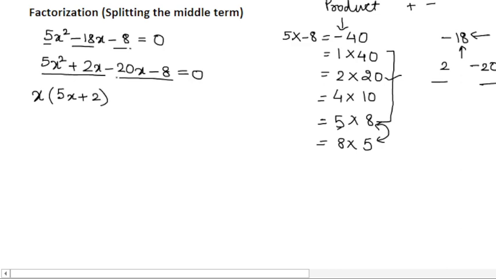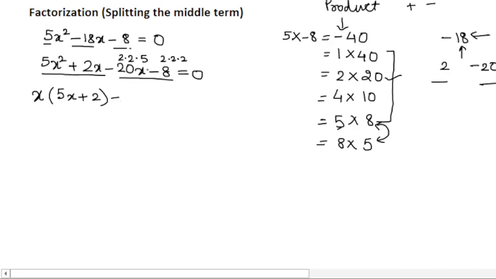Now from the last pair, the second pair, you can see that a negative is also common. So I take out that negative common, and then 20 and 8. We need to factorize 20 and 8 further. 20 can be written as 2 times 2 times 5, and 8 can be written as 2 times 2 times 2. Now you can see there are two 2's common at both places.